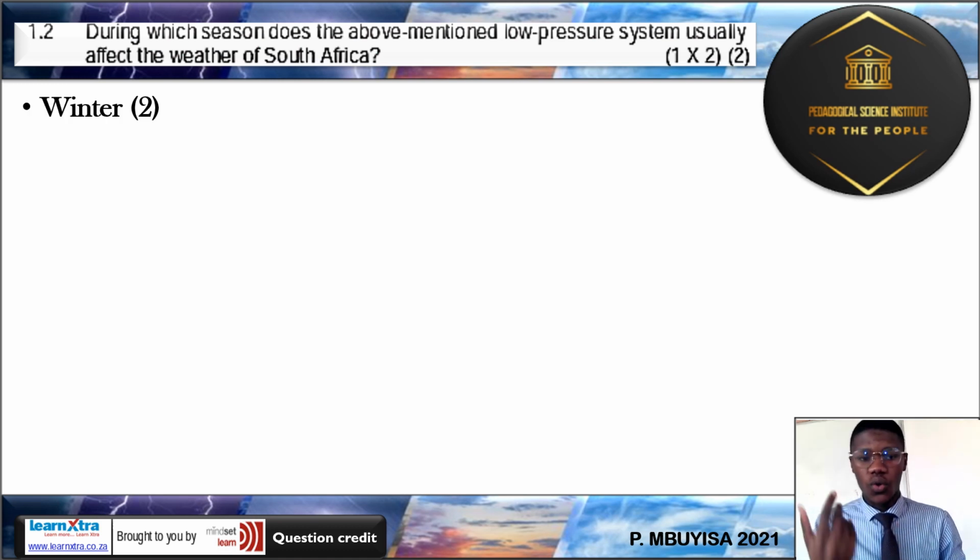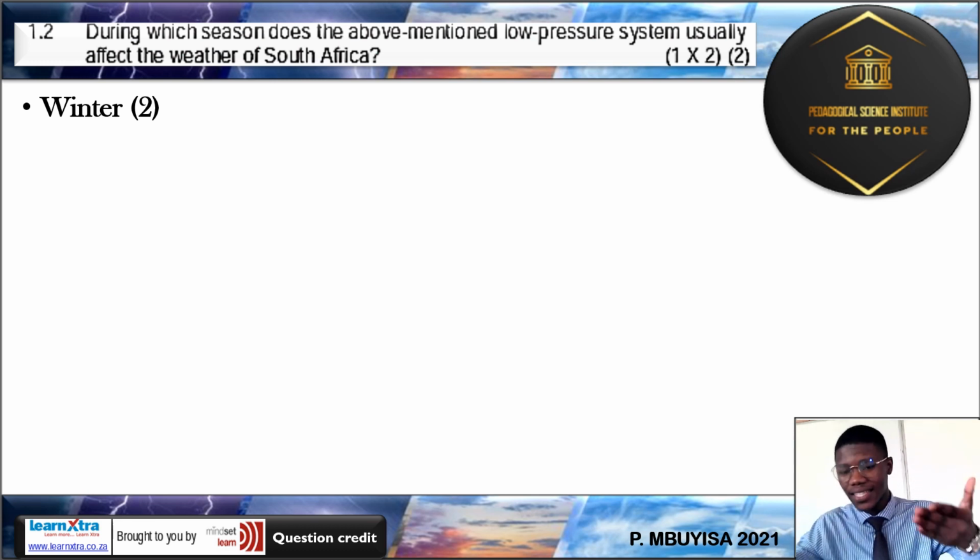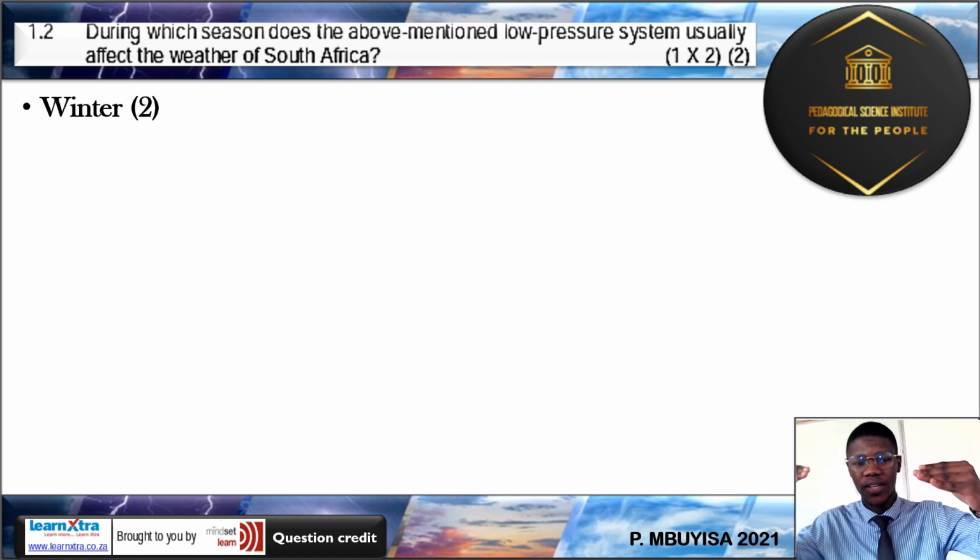Now, in which season do they then affect us? It is in winter. Why in winter? I explained that in the previous questions to say that when it is winter in the southern hemisphere, it's summer in the northern hemisphere. And since it's summer in the northern hemisphere, our ITCZ will go to the northern hemisphere.